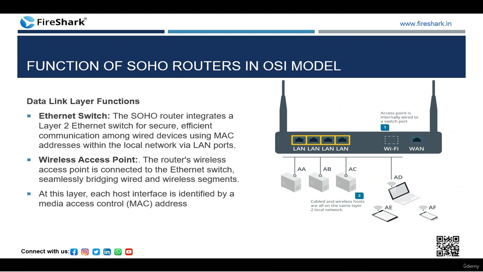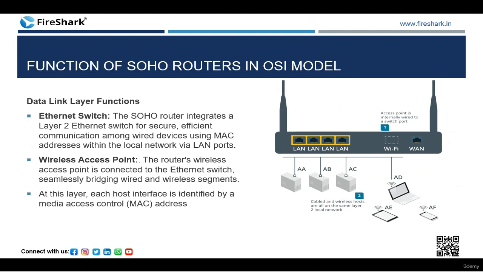Okay, now the next one is the wireless access point. Through the wireless access point we can connect wired and wireless segments. It's like bridging wired and wireless segments. At this layer each host interface is identified by its media access control, or MAC, address. The MAC address only works on the data link layer, as I mentioned in my previous lecture.